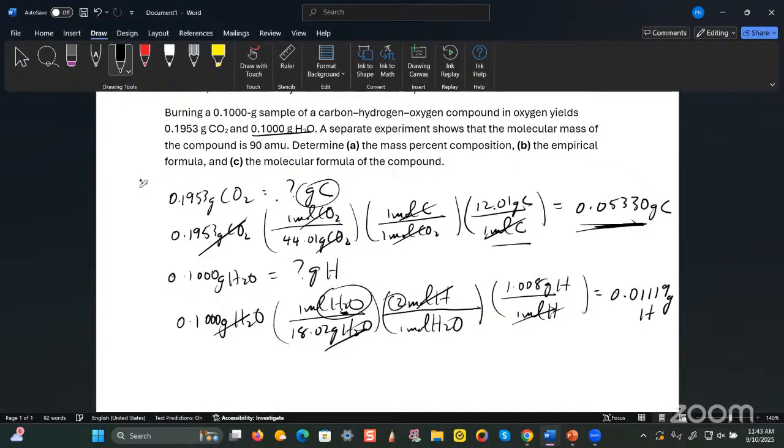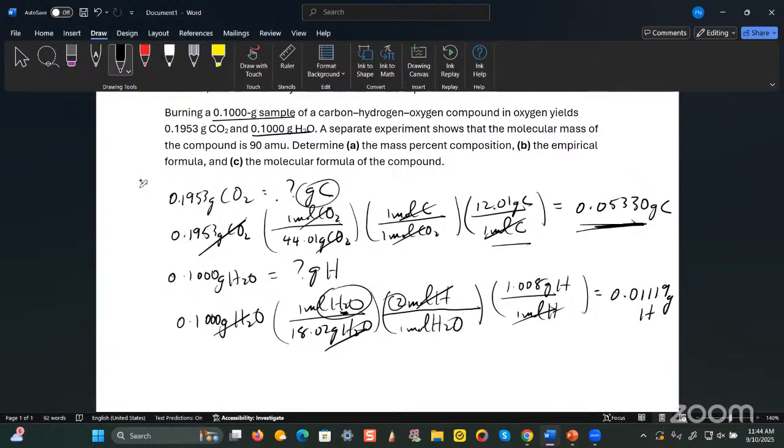Subtract 2 hydrogen from the original mass. Sorry? Subtract 2 hydrogen from the original mass of the H2O. What do you mean? It was given the original mass of the H2O, so you subtract two. Well, you're given the original mass of the sample, right?